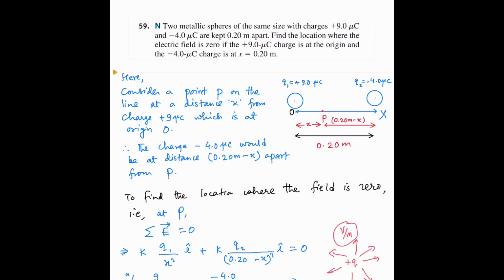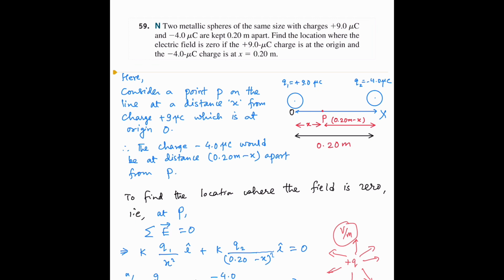Okay, so the problem is from chapter 24, problem number 59. Two metallic spheres of the same size with charges positive 9 microcoulomb and negative 4 microcoulomb are kept 0.20 meter apart.